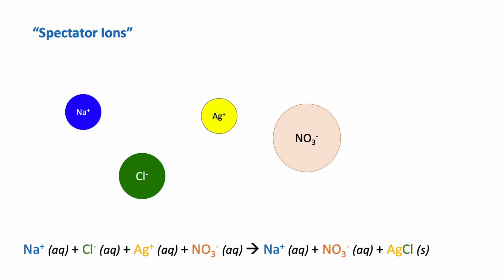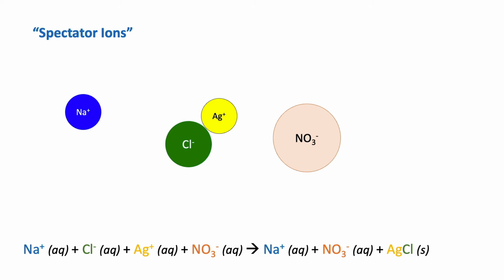It does not form a solid, and so anything that sticks together will quickly dissociate again. We could have the sodium and the silver come together, but both of those are positively charged, and so they're going to repel each other. Only when chloride ions and silver ions come together do we get something that actually sticks.